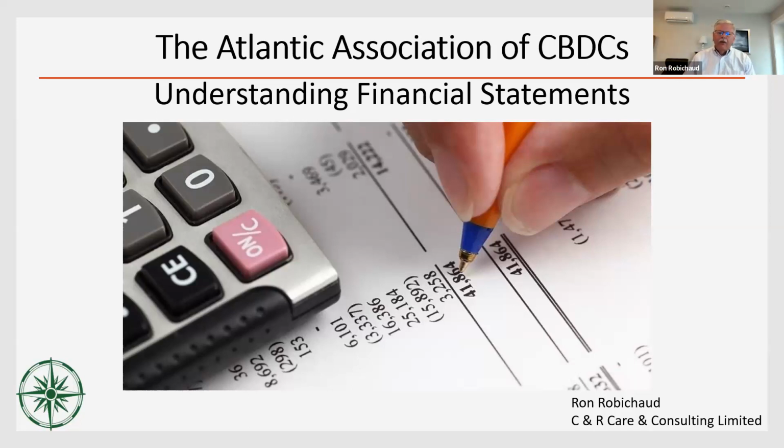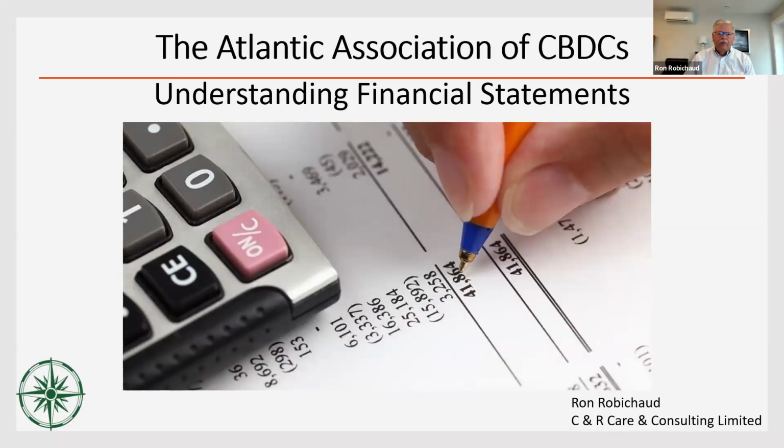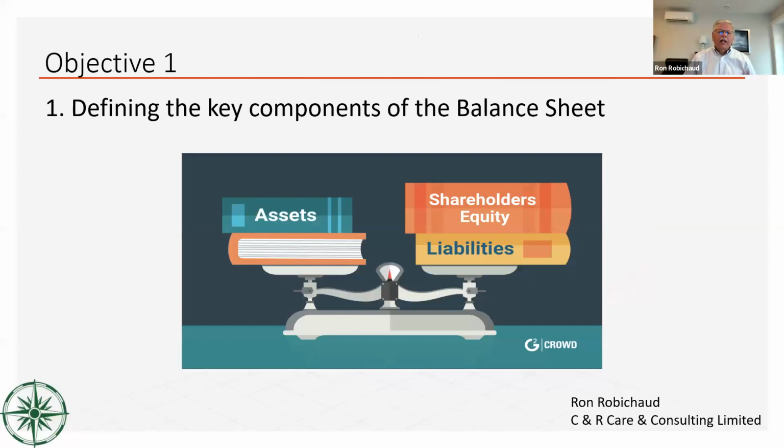So without further ado, we're going to do a couple of things. We're going to look at defining the key components of the balance sheet, because I've worked with over 10,000 businesses in the last even just 11 years, prior to retirement, of course. And in probably 95% of the cases, the balance sheet is misunderstood and misrepresented.